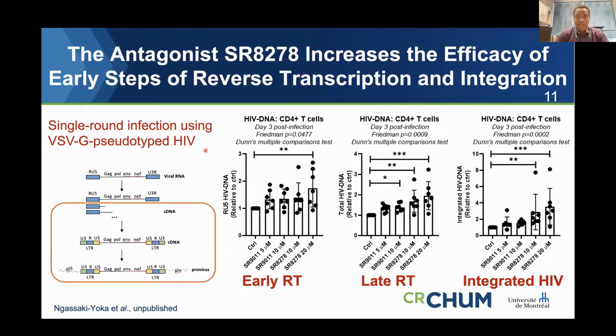Statistical analysis revealed a significant increase in early and late reverse transcription, as well as integrated HIV DNA, in the presence of the antagonist SR8278, indicative of a disconnect between the effect of REV-ERB on viral outgrowth from reservoir cells versus HIV reverse transcription and/or integration.